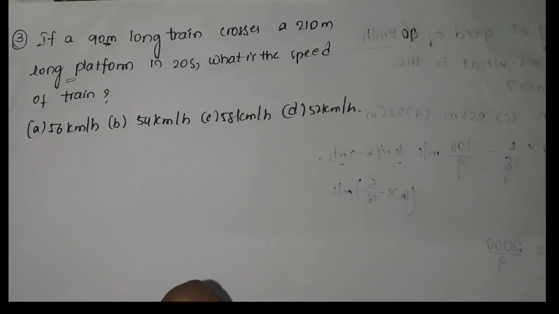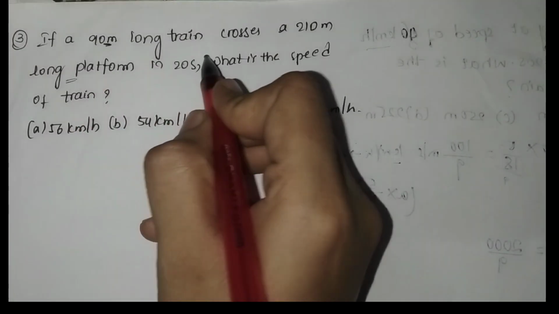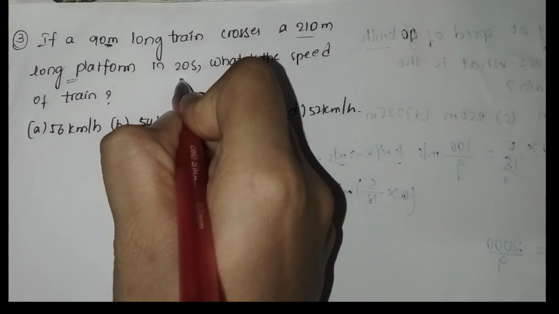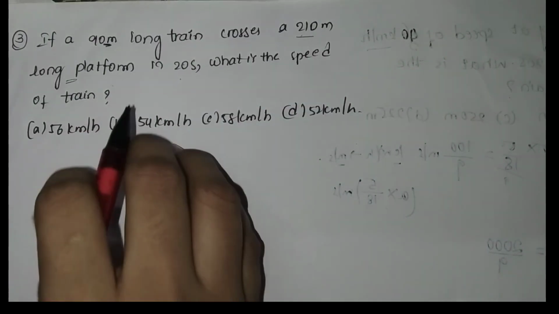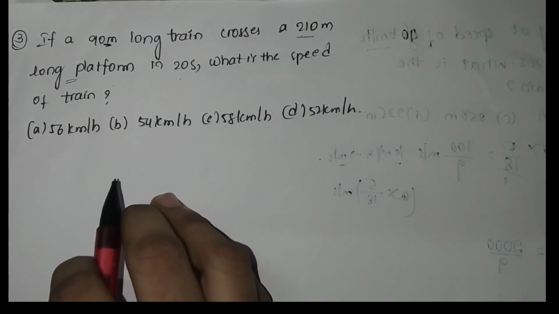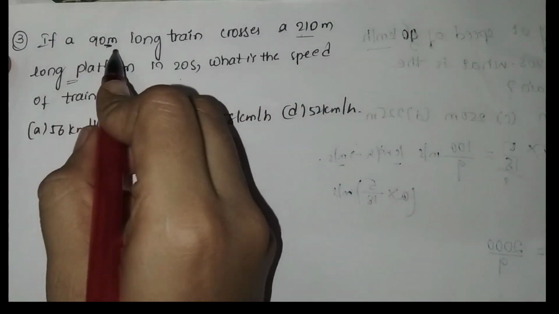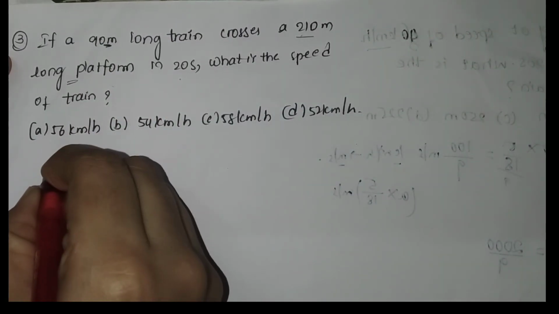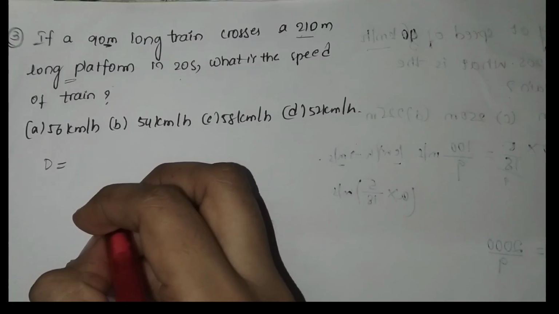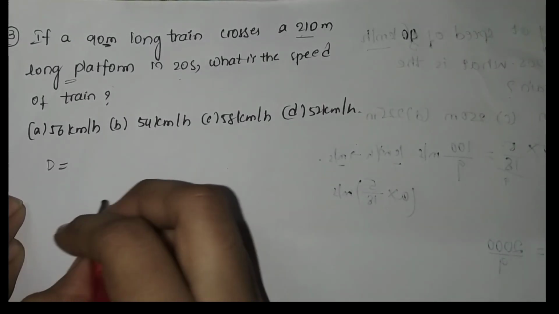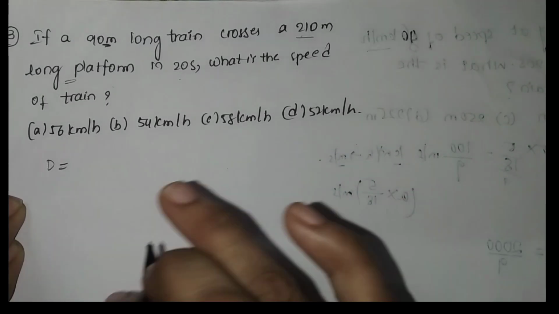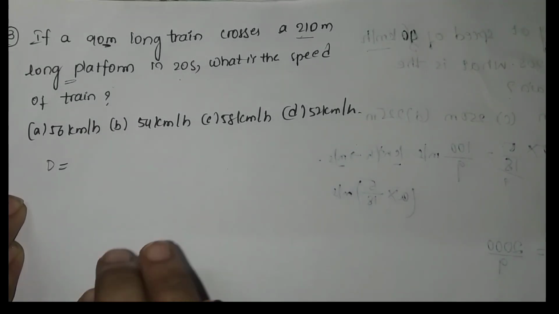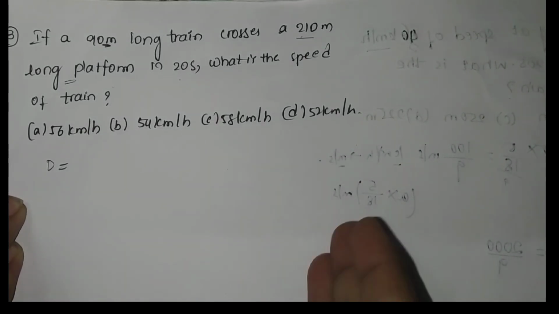Next, the third question: if a 90 meter long train crosses a 210 meter long platform in 20 seconds, what is the speed of the train? First, see what they gave and what we need to find. They gave the length of the train and the length of the platform. As we already know, when a train is passing a stationary object like a platform or bridge, we need to add the length of the train plus the length of the object.